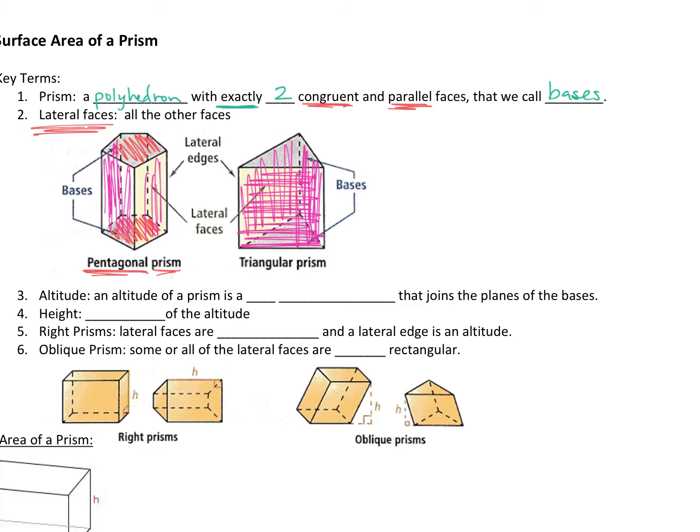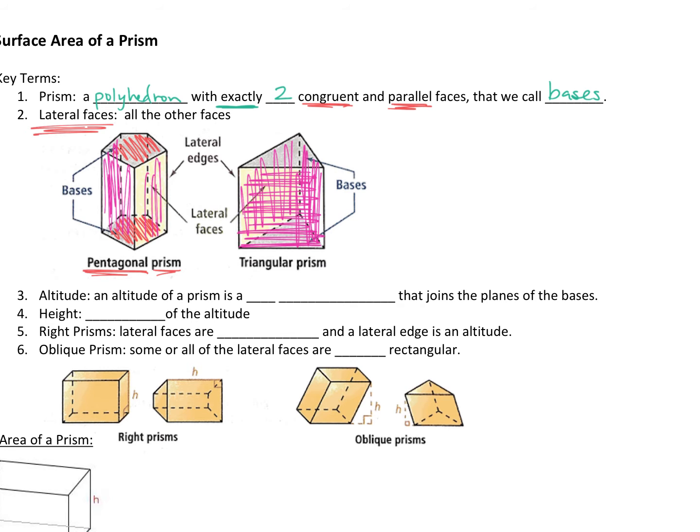If I gave you this figure, if my base is the square, it doesn't matter which way I turn it, these are my two bases. Now a rectangular prism is a little bit different. You could treat these other ones like your bases because they are congruent and parallel, and you could still find whatever you need to find that way.